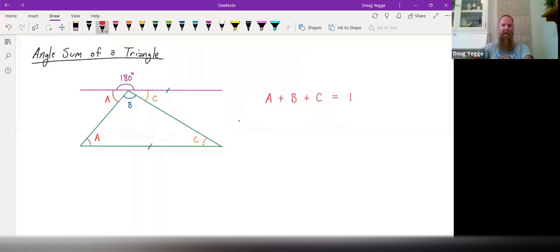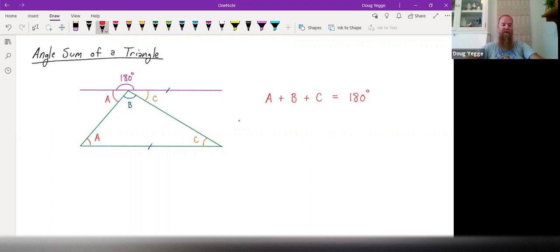But knowing what A, B, and C originally were, A, B, and C were the angles inside of the triangle. So that means that in any triangle you give, the sum of the angles inside of any triangle will always be 180 degrees.